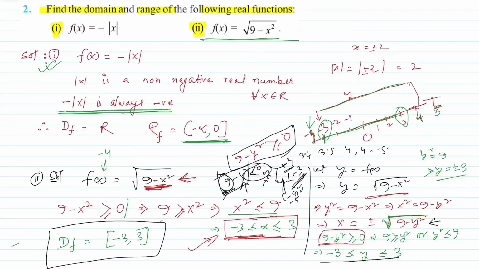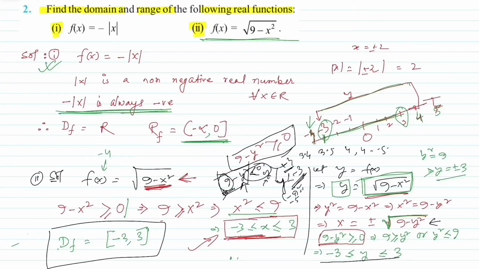And again you see from here, y is equal to root over 9 minus x square. It is a positive number, so we cannot take the negative part of this.